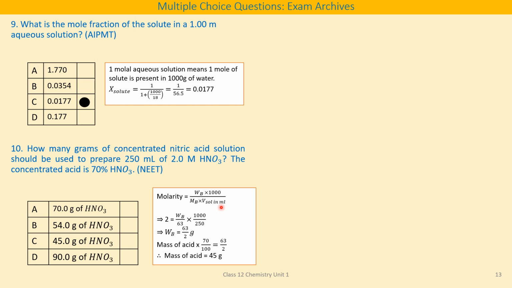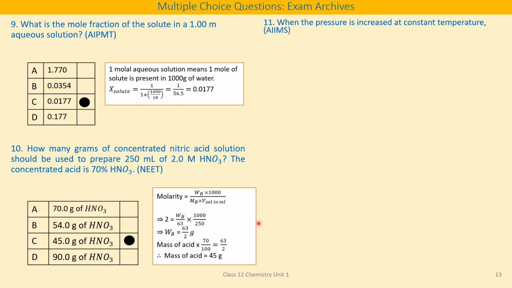From this you can calculate WB as 63 by 2 grams. Therefore, mass of acid into 70 divided by 100 equals 63 by 2. Therefore, mass of acid is equal to 45 grams. So please mark the correct answer as C.